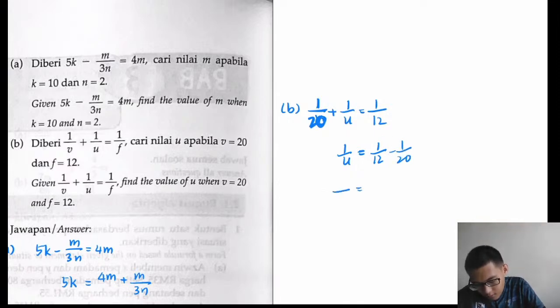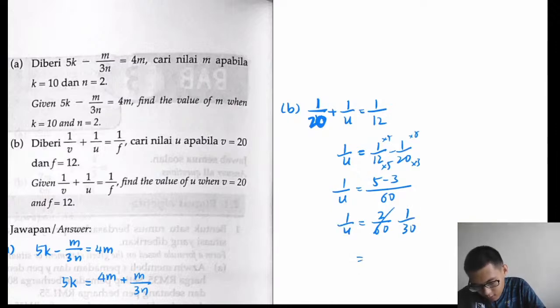Okay, we can try to make the denominator same. Actually, this one 60, 5 times 3, and 5 times 3. So 5 minus 3, over 60. So now we have 2 over 60, which can become 1 over 30 is 1 over u.